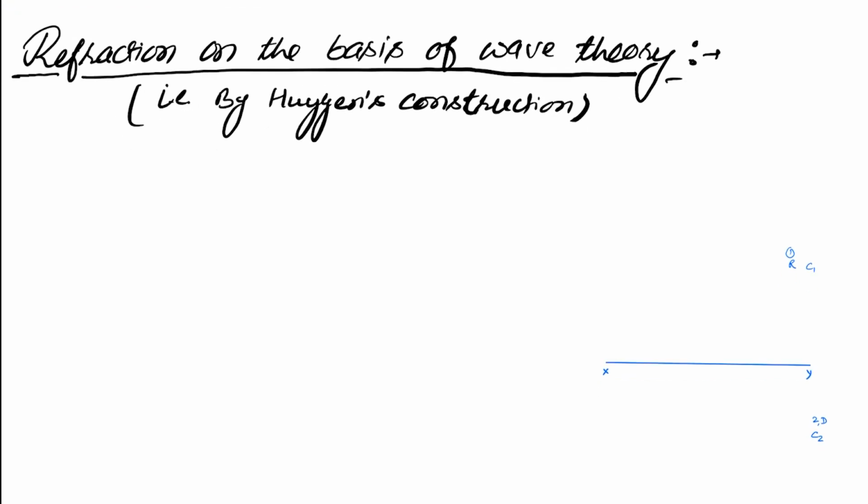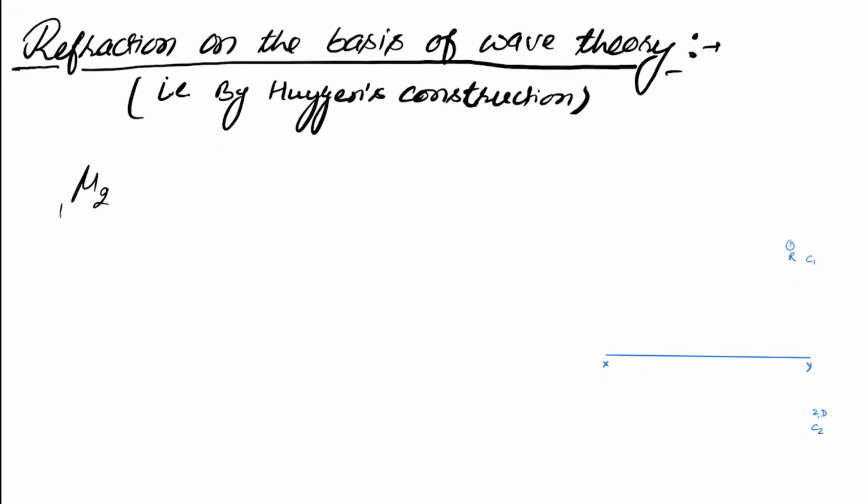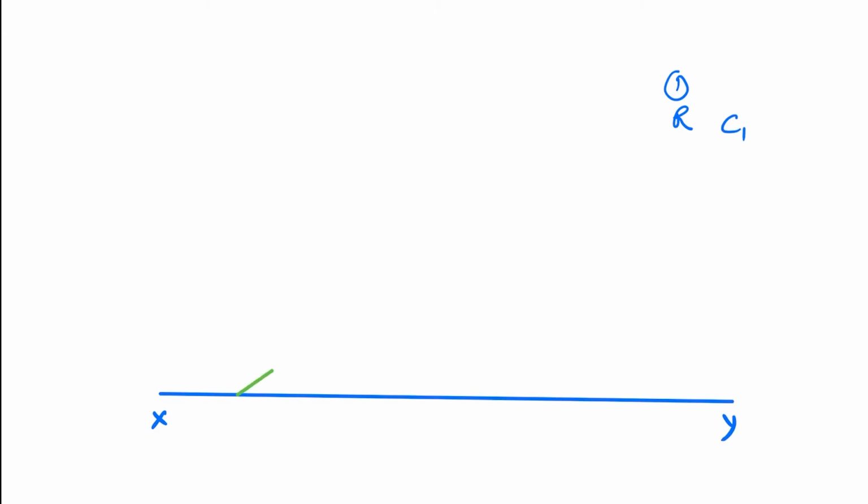Now we know that the refractive index mu1 2 is the ratio of the two speeds, that is C1 by C2. Let AB be a plane wavefront incident on the xy plane.